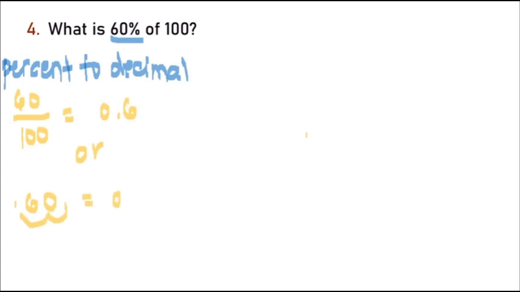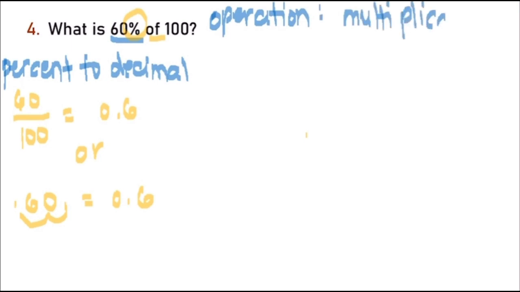So that would be 0.6. Whenever nakaka-encounter tayo ng problems na stated as percent of, yung magiging operation natin would be multiplication. So, yung magiging solution natin would be 0.6 times 100.